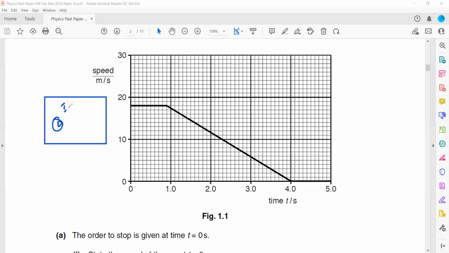Same thing, when the instructor orders this driver to stop the car, the driver will not immediately react to the instruction, he will take time to react, and when he's taking time to react, the car continues to move with that constant speed. So in this part, because the driver is taking time to react, the car continues to move. And this is the point where the driver applies the brake, that's why the car slows down.